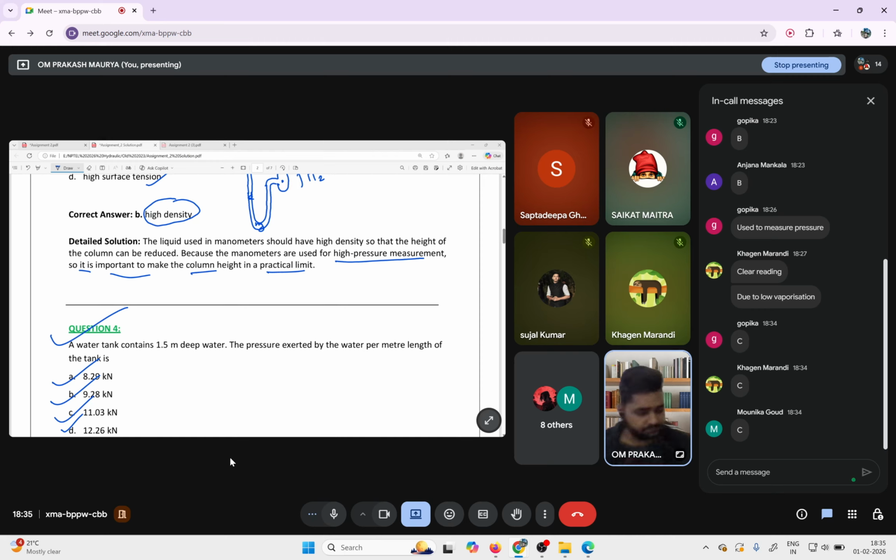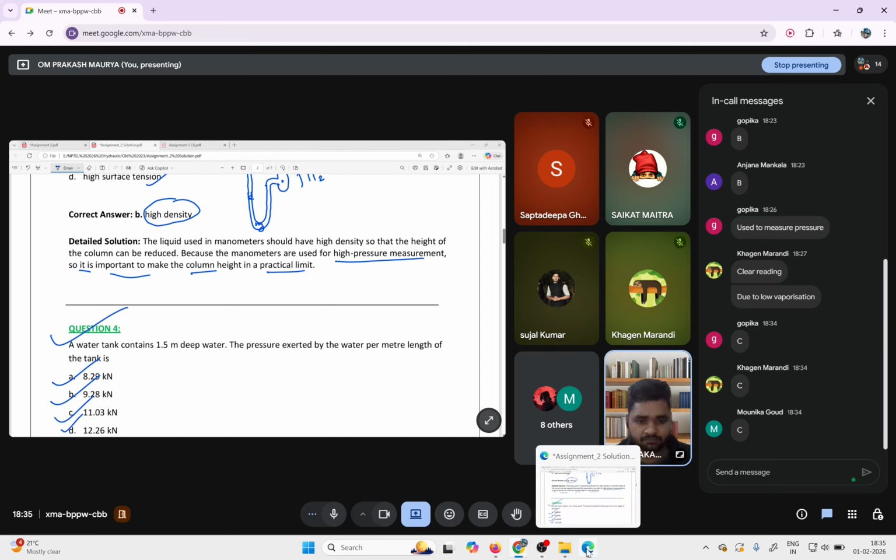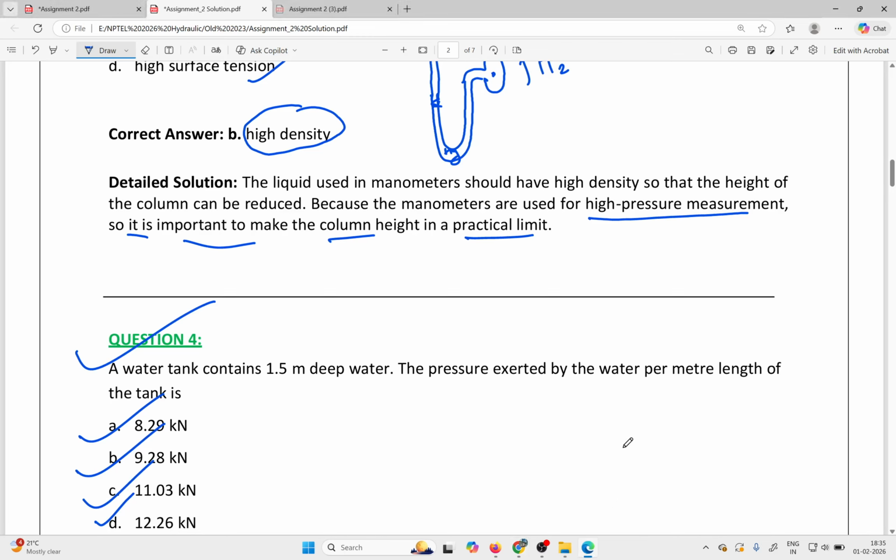Okay, let us solve. You have a water tank containing 1.5 meter deep water. The pressure exerted by the water per meter length of the tank.